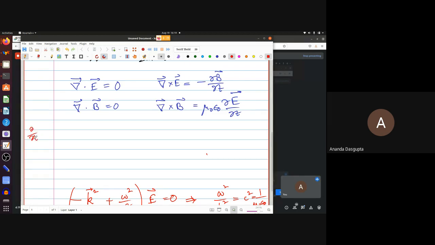Because del t is equivalent to minus iω. Again, this is generally not true for all functions. This is true only when you have a plane progressive wave kind of solution. But when you have that, then the del operation is the same as ik. Divergence is the same as ik·E. You can, of course, calculate the whole thing and show that this is true. But what you really get is this.